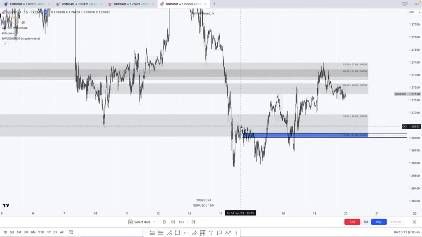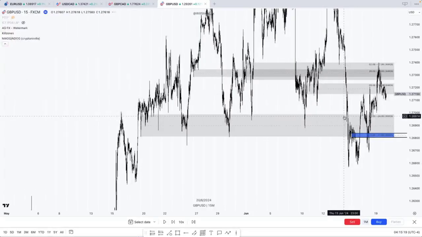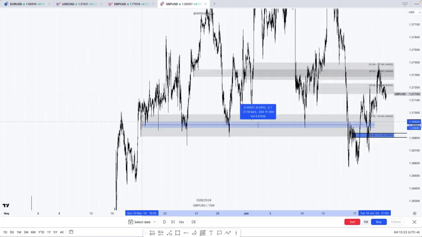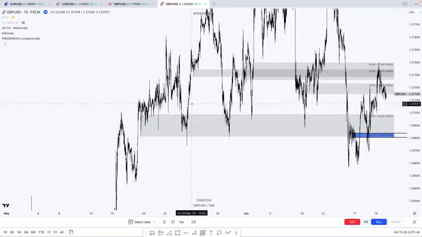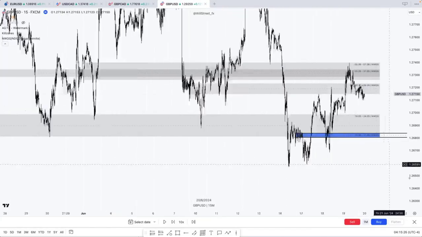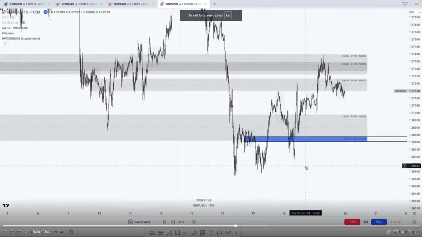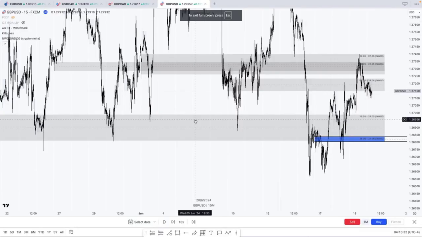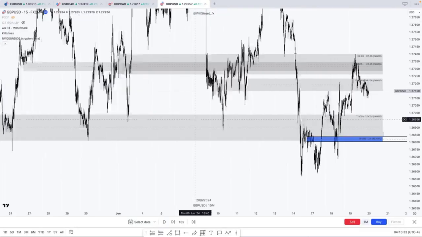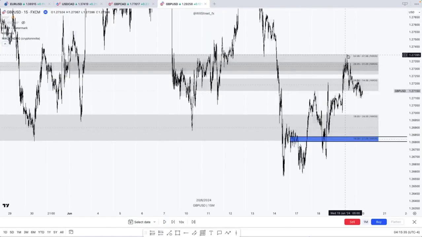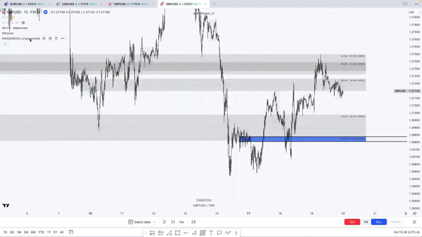Here, failure swing, and this was 6 weeks, 1 month ago. So even though it is an old one, it is still working. Look at this, for instance, how precise, completes, and reverses.